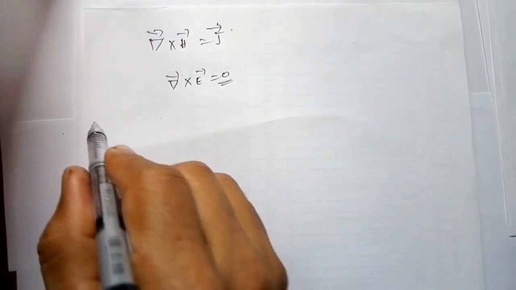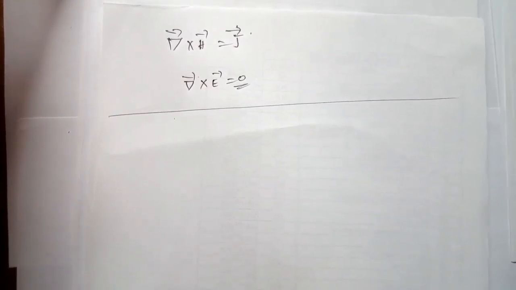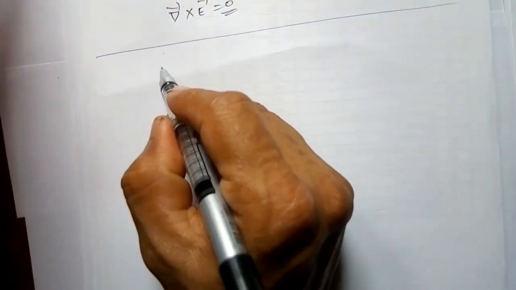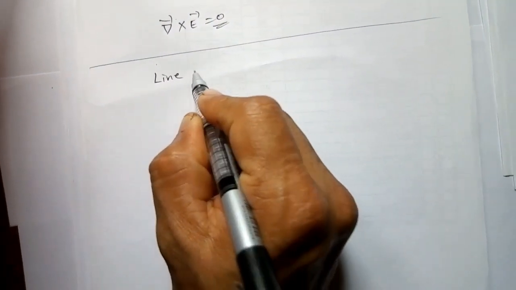Then we have discussed the integrals, that is, line integral, surface integral and volume integral. These three integrals we have discussed. Very quickly I will run through this, so I am not going into much detail again.